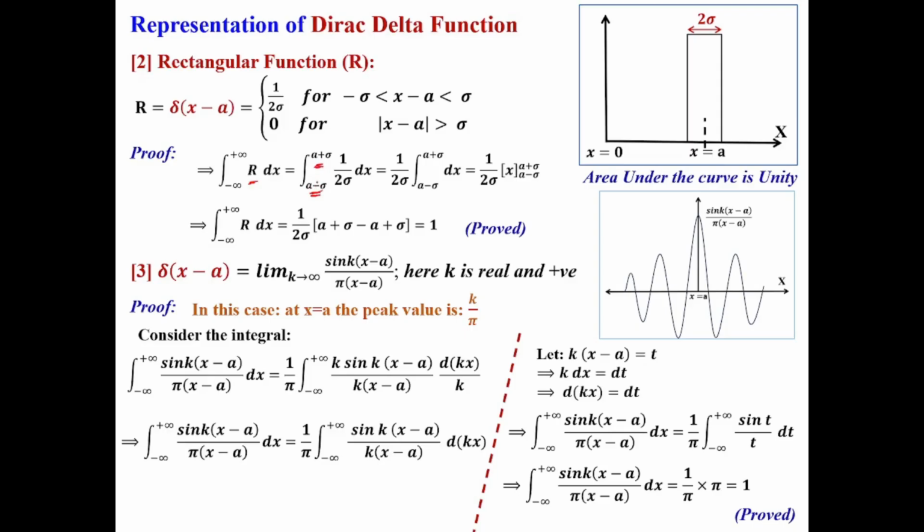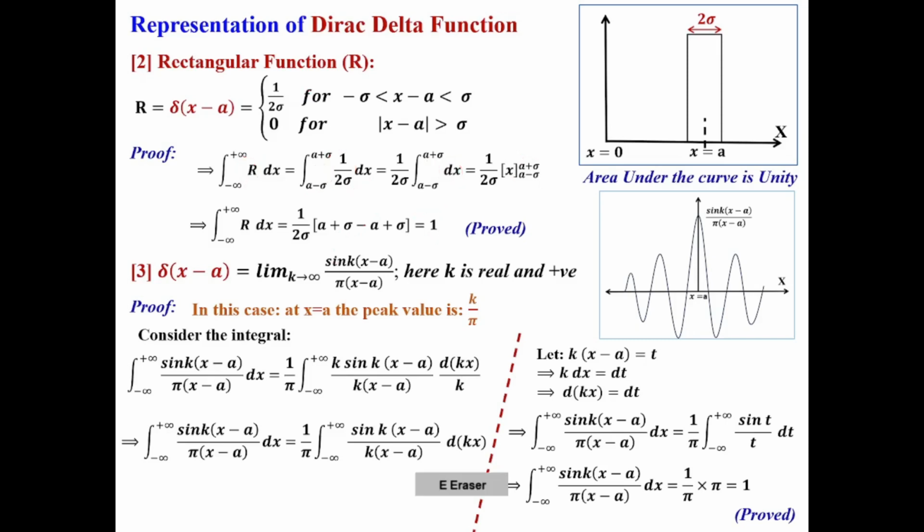In between these limits the function exists, and the value is 1 by 2 sigma, dx. Elsewhere it is 0. And this constant is taken outside. The integration of dx is x, with lower limit a minus sigma and upper limit a plus sigma. Just substitute and we find the value is 1.